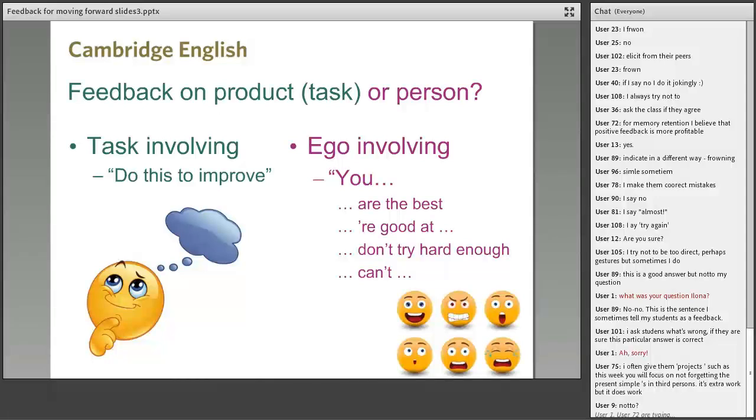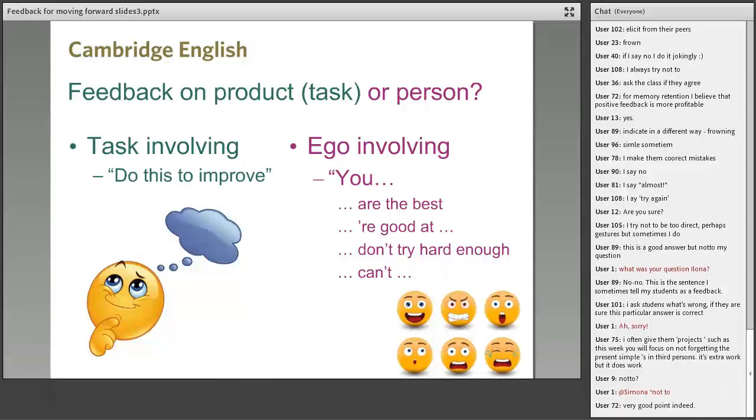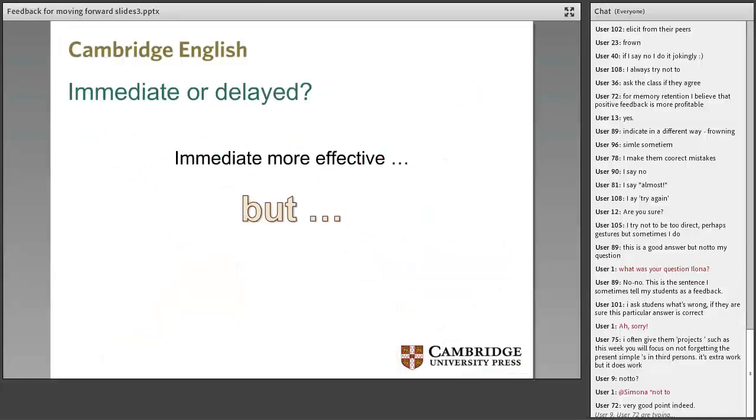If you say they're good at something, again, might have the same problem. But you don't try hard enough might make them feel quite disengaged, and certainly telling them that they can't. So we need to minimize emotional responses and maximize thinking.